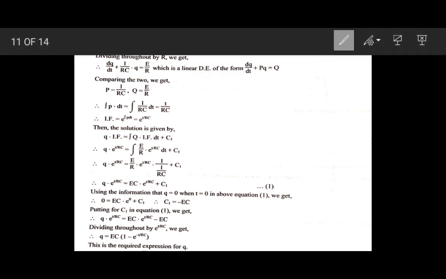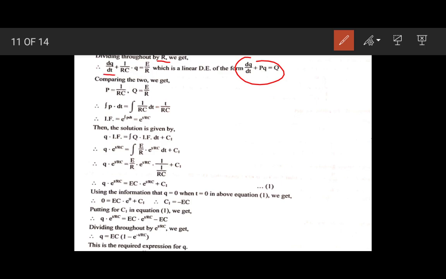So R into dq upon dt plus Q upon C is equal to E. Now I am going to divide throughout by R. Why? Because then it will be converted into linear form.